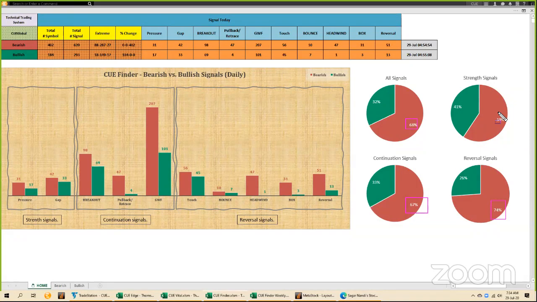Around 68 to 70 percent of signals were bearish when we ran the Q's combo scan. If we look at the continuation signals, I can see large number of go with flow, possible setups, large number of breakouts. And when we look at reversals, large number of headwinds as well as reversal. We may look for some shorting opportunity using these signals.